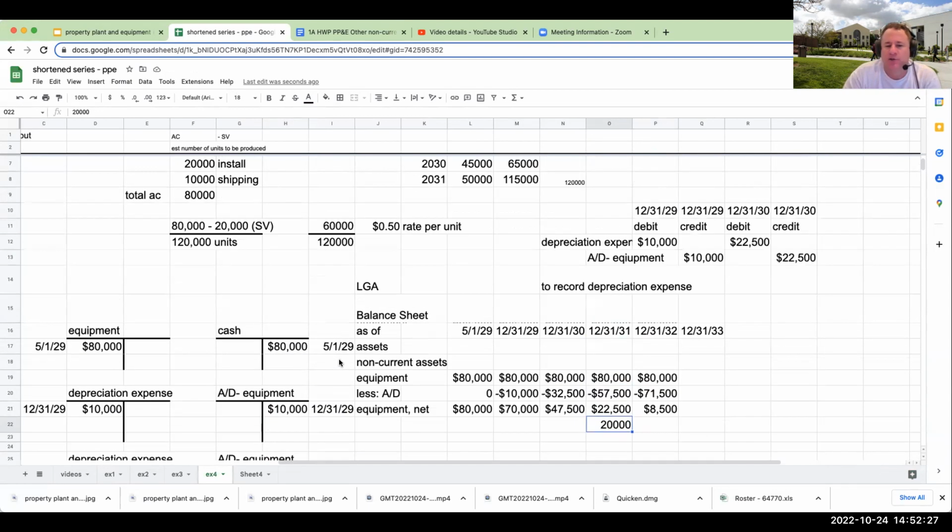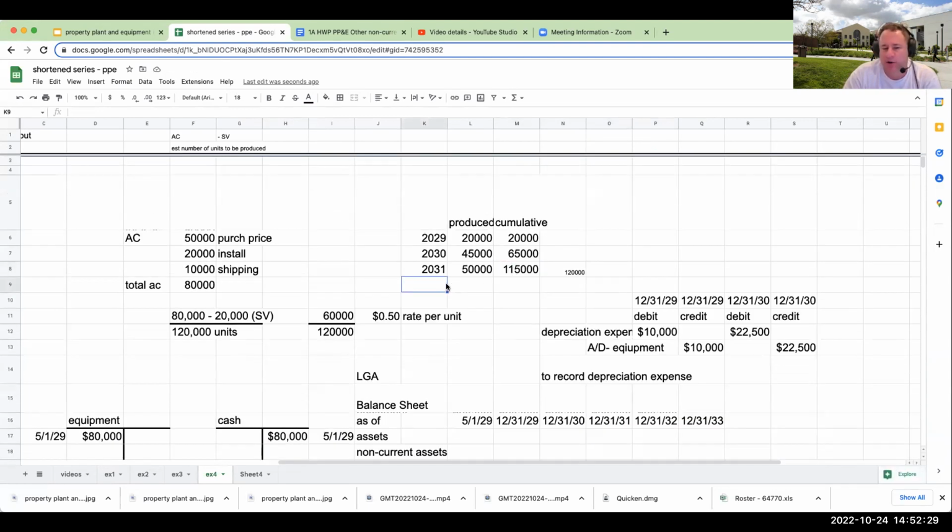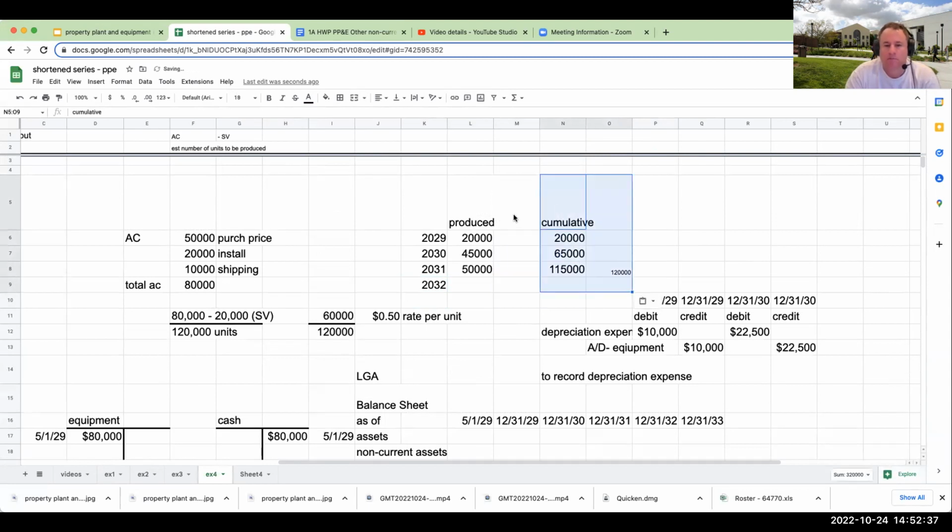So what do I need to do? Well, if I look over here in 2032, I've basically gone through and I've depreciated all these amounts over the years.